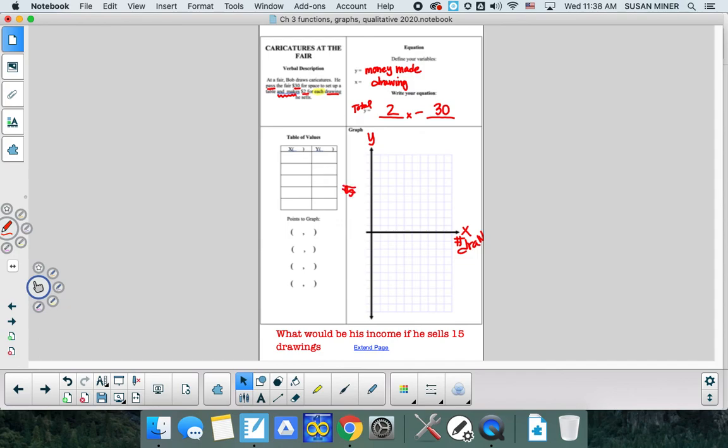Money earned or money made. Okay. Now, let's get some data. I'm going to do drawings and money earned. So if I don't sell any drawings, right? Remember, X is drawings and Y is money earned.